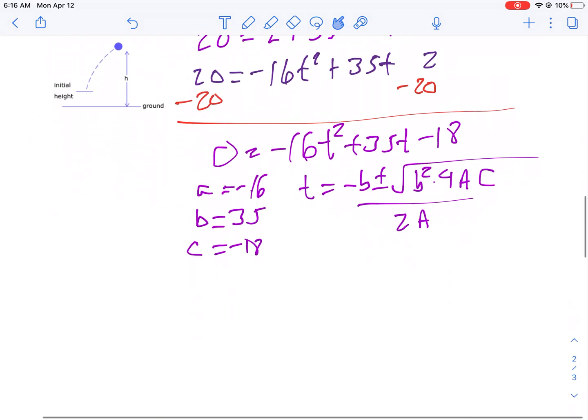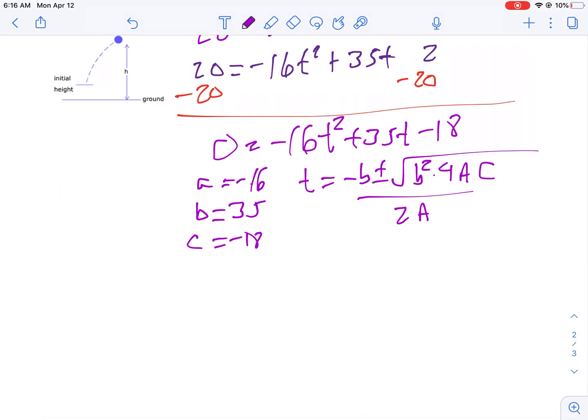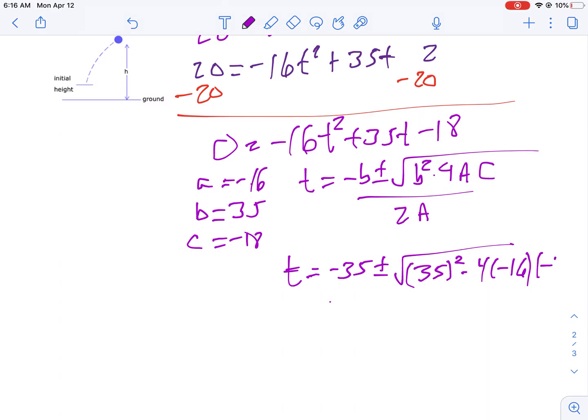Now let's substitute in what we know. So t equals the opposite of 35 plus or minus, we're going to go 35 squared minus 4 times negative 16 times negative 18 all over 2 times negative 16.